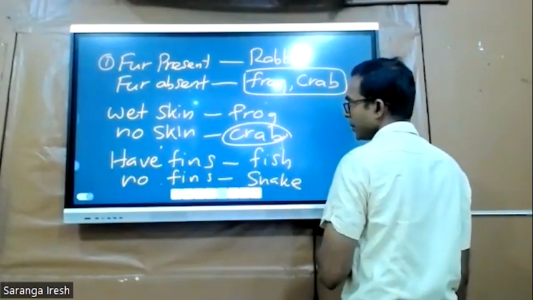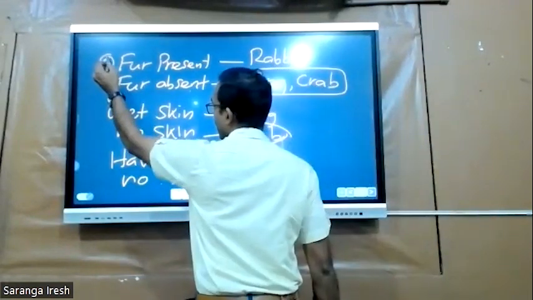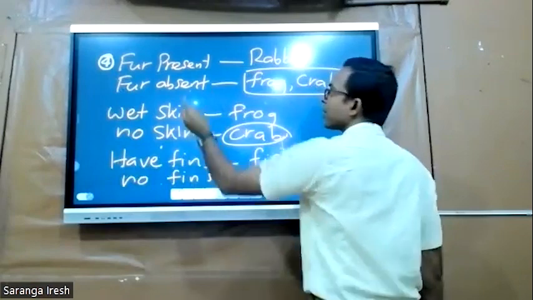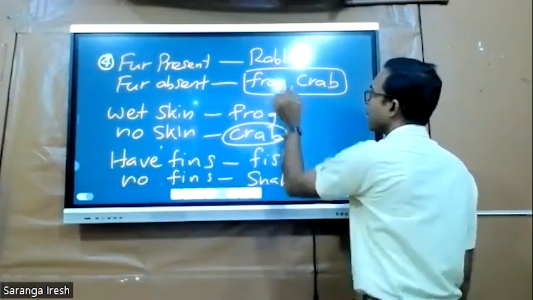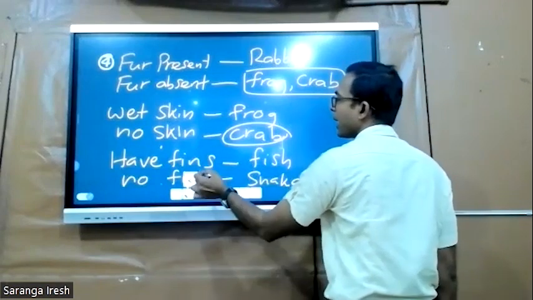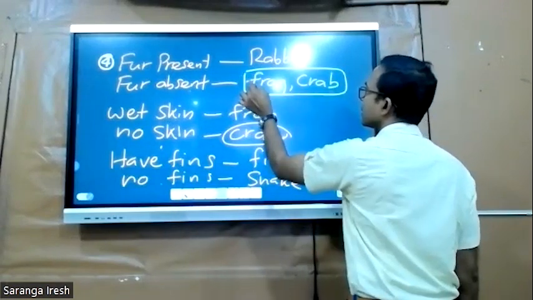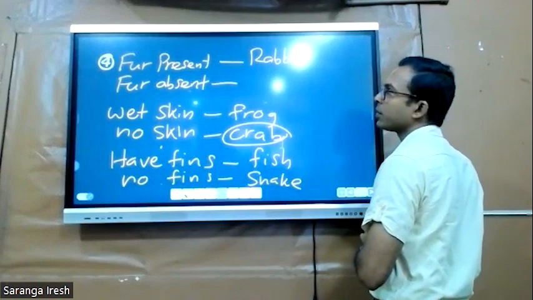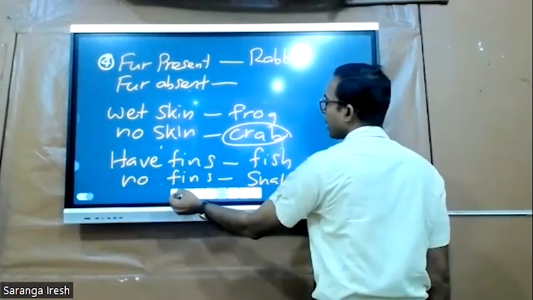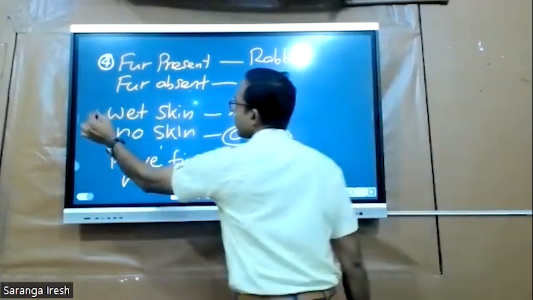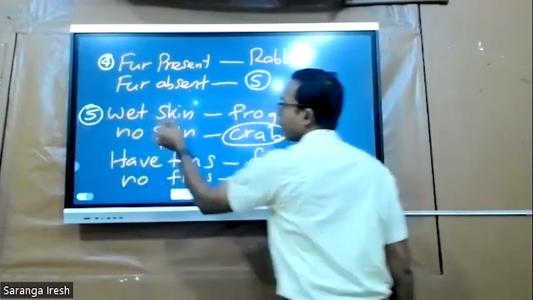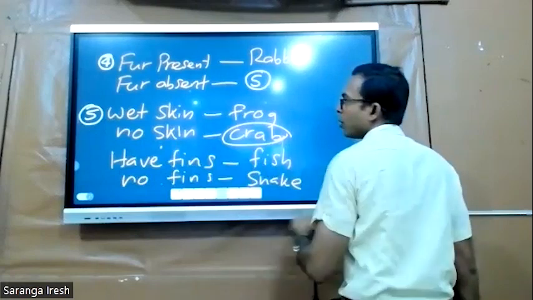In number 4, I will write it as fur present, fur absent. But fur absent, there are 2 organisms again I have. 2 organisms with fur absent. What is the number I am going to classify them? Number 5. Wet skin, no wet skin.